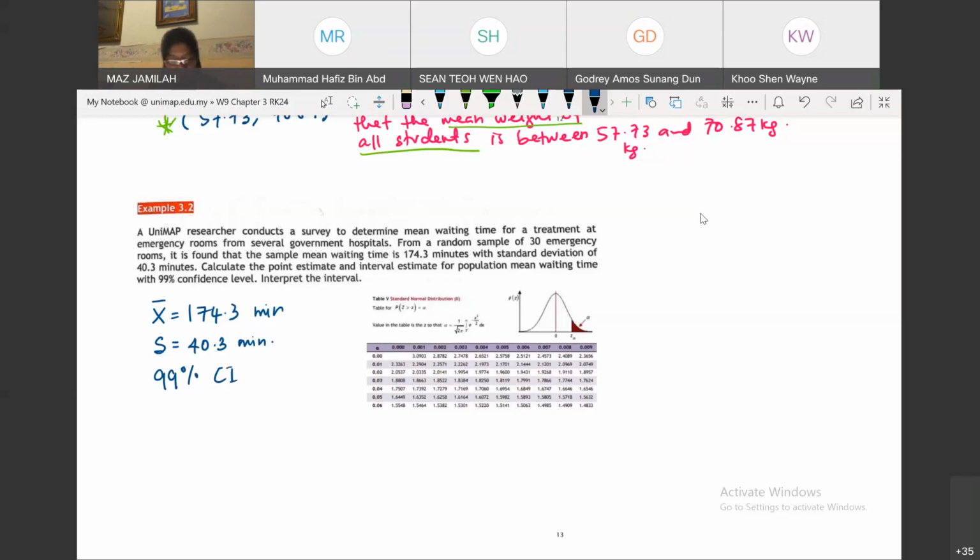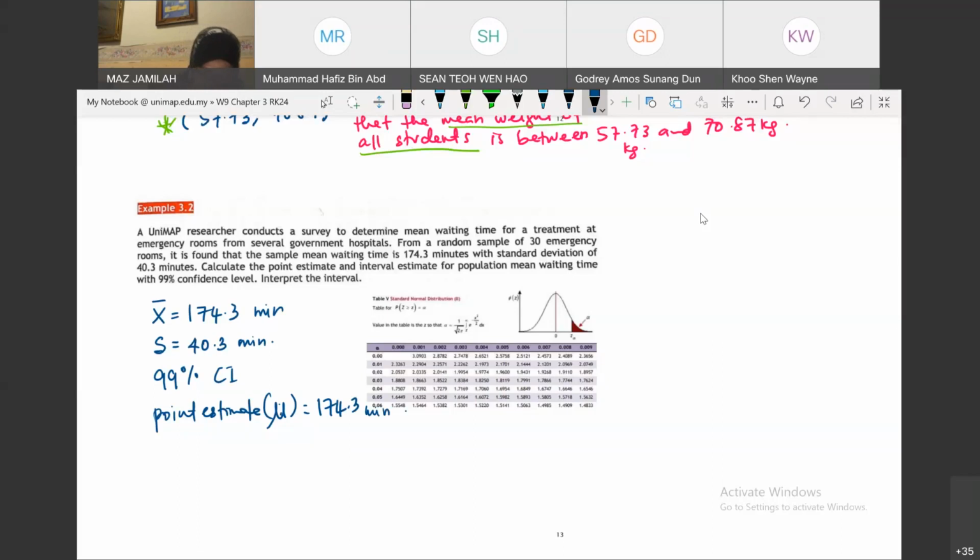Interpret the interval. So what would be the point estimate? Point estimate would be, we believe mu is equal to 174.3. Now, what is the interval estimate?